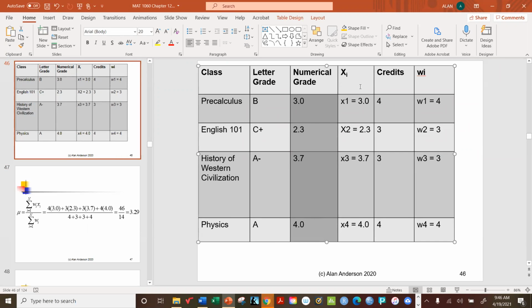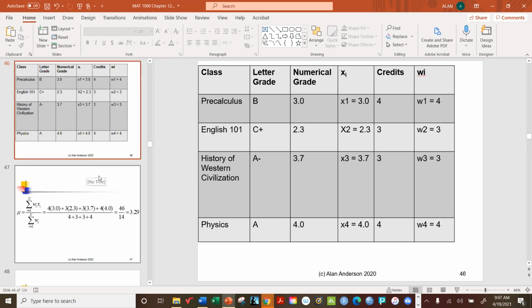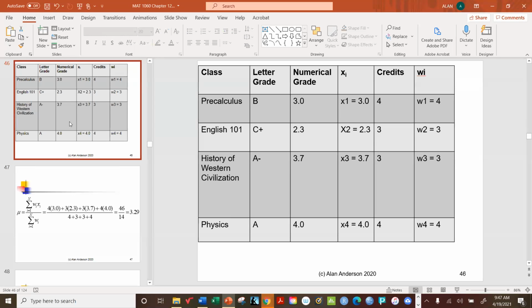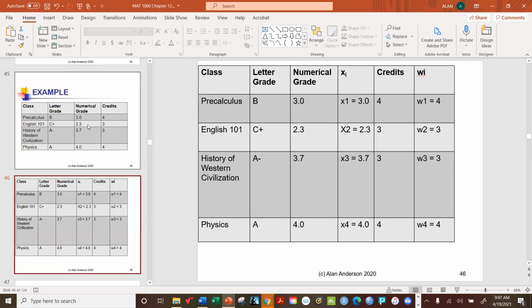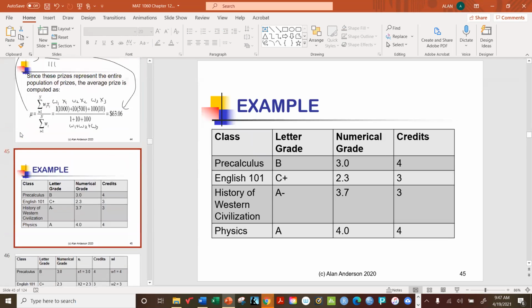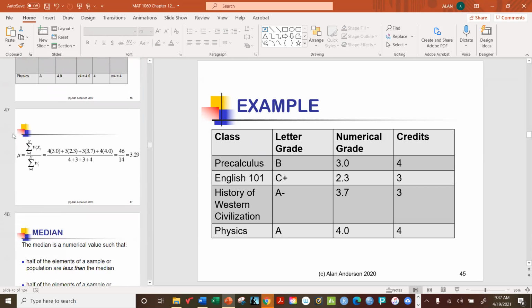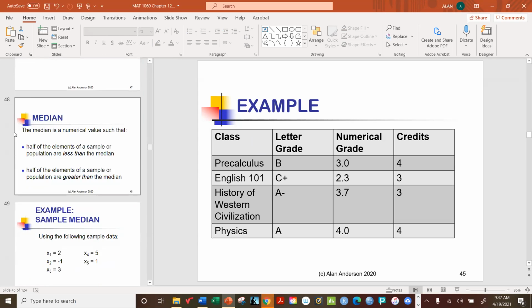If you ever wondered how they came about with these numbers, this is what they're actually doing. Okay, so I thought you'd find that interesting since it's directly relevant to what you're doing in school. So there you go. So anyway, already you can see a useful application for weighted averages. Even if you never play the lottery, you certainly have a GPA that needs to be calculated, and that's how it's done.